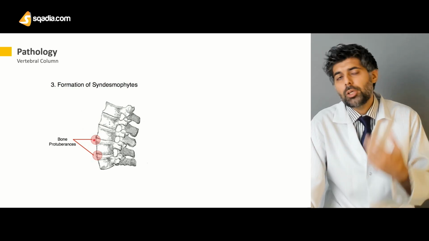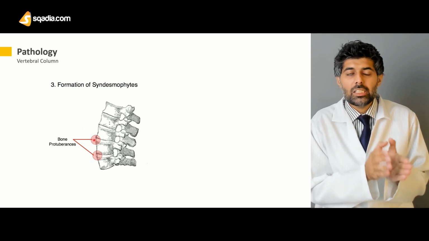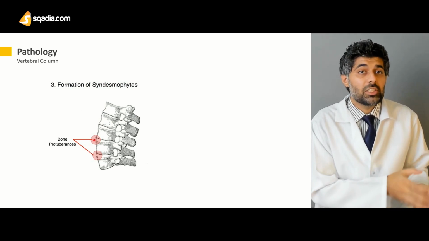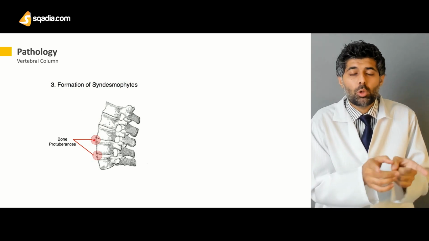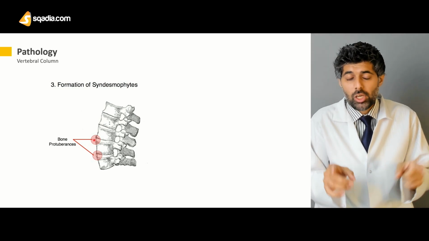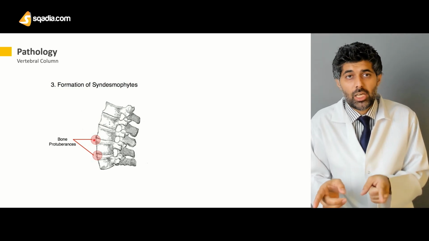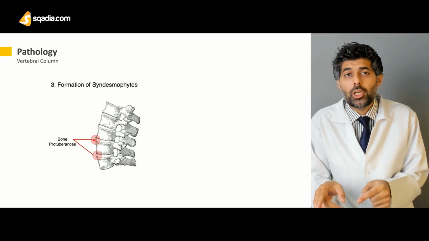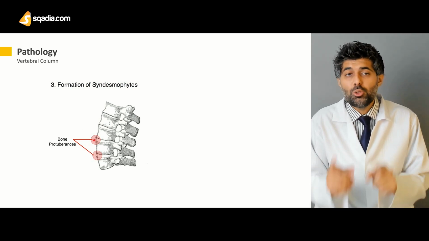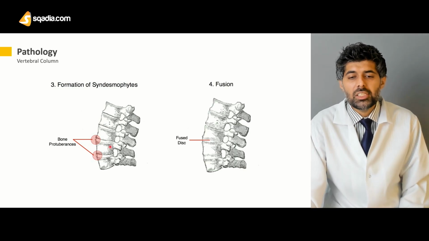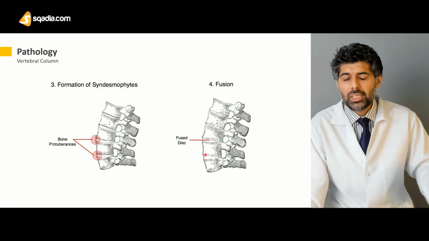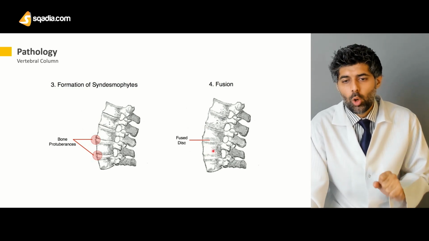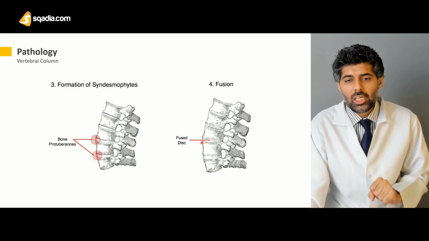So, this is what is happening here: there is ossification after the inflammation of the vertebral disc, resulting in the fusion of these two vertebral bodies, and this fusion is of an ossified nature, and this also results in bony protuberances. Now, it must be noted that this is usually what happens at the earlier stages. At the earlier stages, only certain points of the annulus fibrosus show inflammation and the ossification that results in the joining of the vertebral body. What usually happens is that there is a complete fusion of the vertebral body, complete disappearance or obliteration of the vertebral disc, resulting in the fusion of the vertebral body.